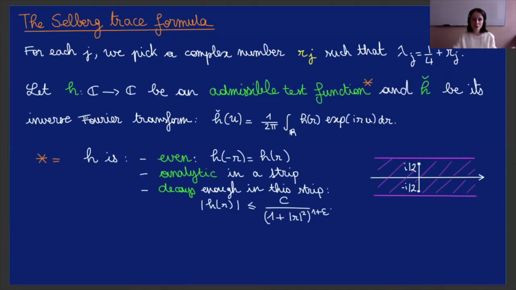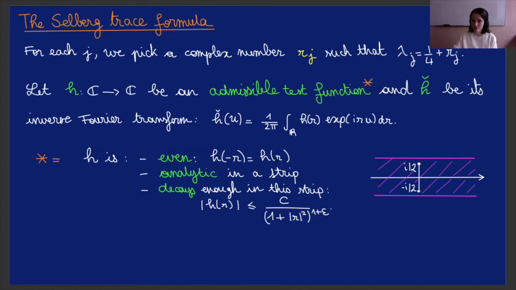In order to write the trace formula, you need to pick a test function, which is going to be called h. And we will say it's admissible if it satisfies the following properties, which are quite nice. I mean, not anything too dramatic. It needs to be even, so that your choice of r_j doesn't matter too much.